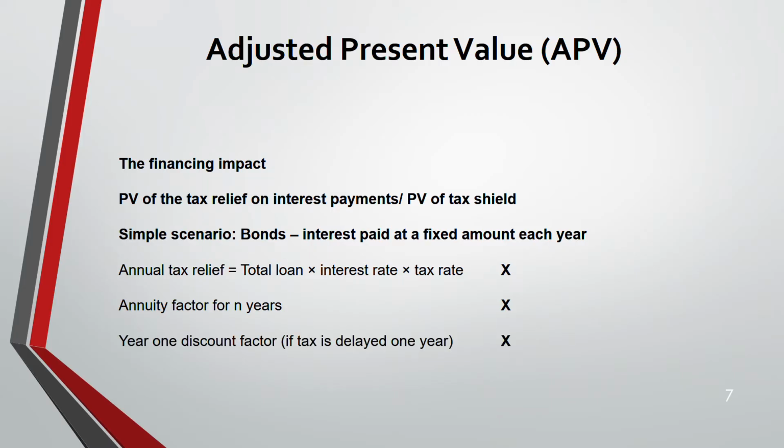Then you need the year one discount factor. Why year one discount factor? Only if tax is delayed 1 year. Sometimes tax is delayed 1 year, no? So you need the year one discount factor for that. If you're not understanding this, do not worry. Through questions you will understand.